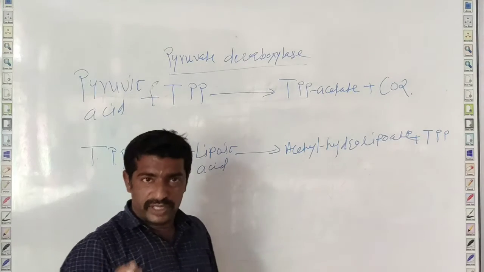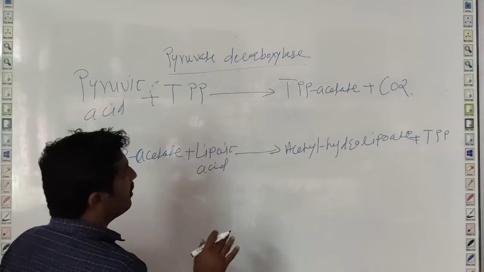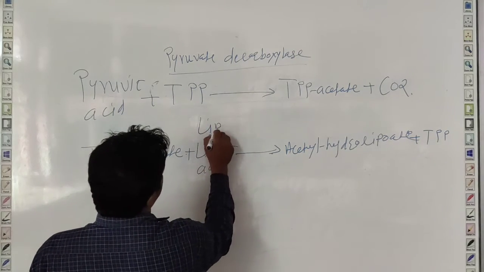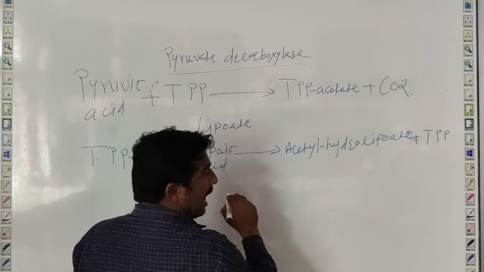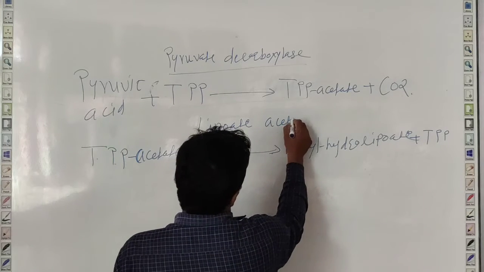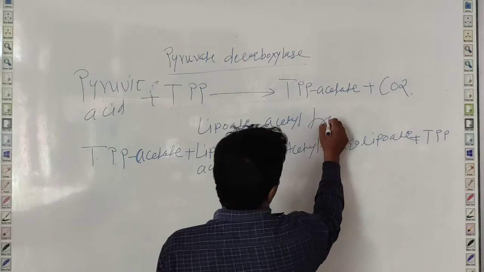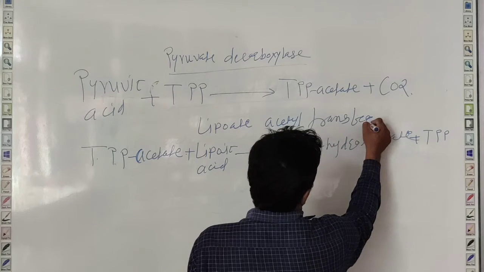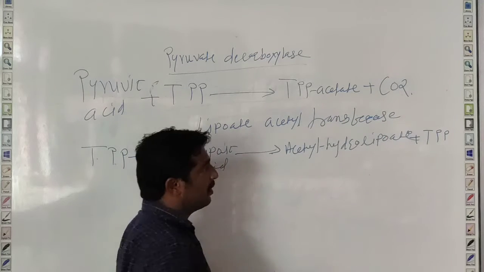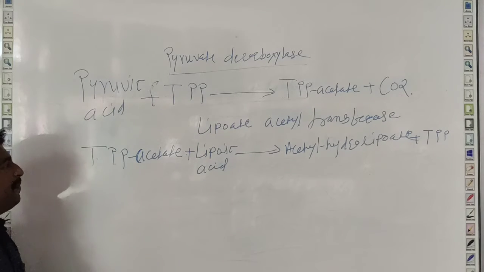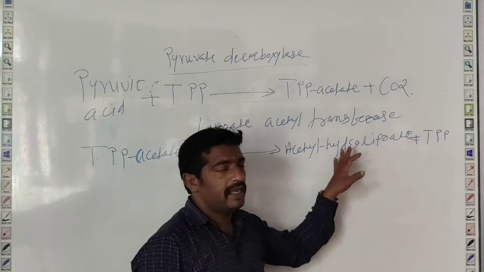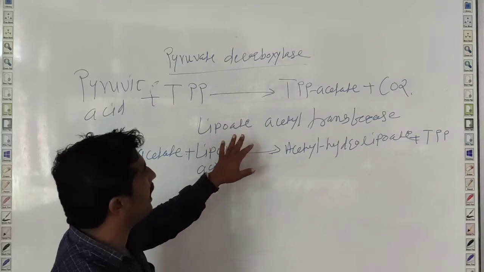Now this reaction takes place in the presence of enzyme lipoate acetyl transferase. This reaction of conversion of this TPP acetate into acetyl hydrolipoate takes place in the presence of enzyme lipoate acetyl transferase.